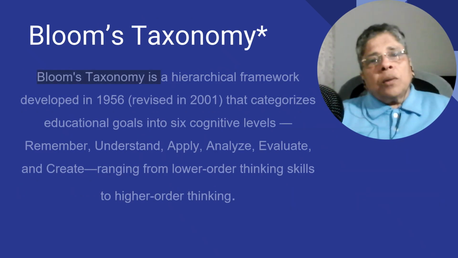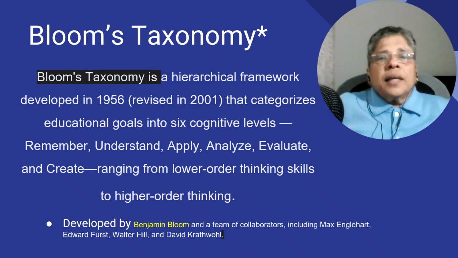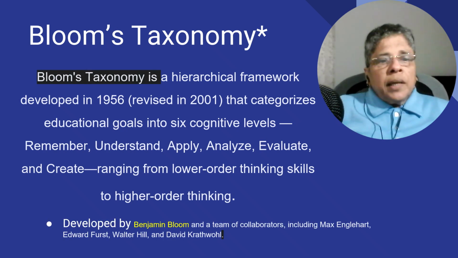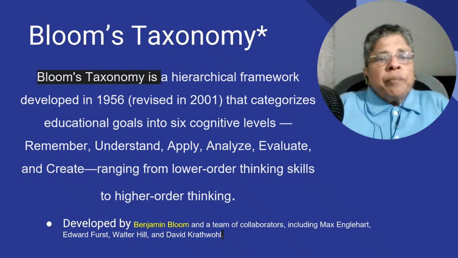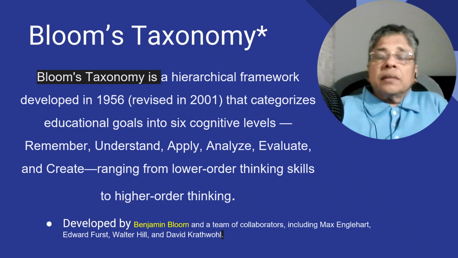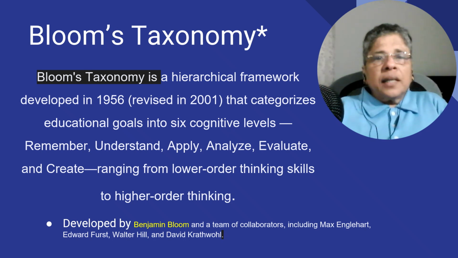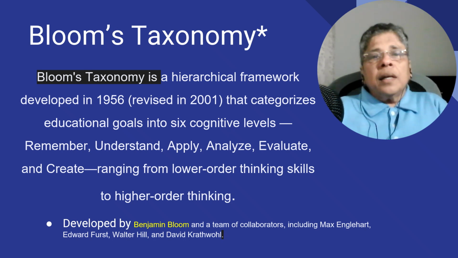So Bloom's taxonomy, what is it? It's a hierarchical framework developed by Benjamin Bloom and his team in 1956. It categorizes the learning educational goals into 6 cognitive levels in the cognitive domain.